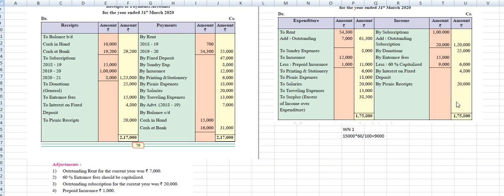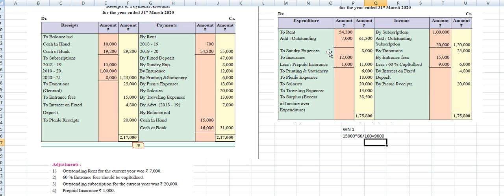After all the entries get over, we need to calculate the total amount. Income side: 1,20,000 plus 25,000 plus 6,000 plus 4,800 plus 20,000. Altogether it is 1,75,800 rupees.